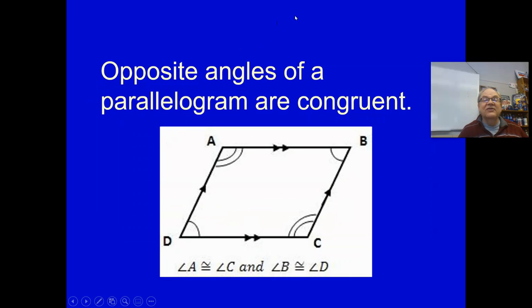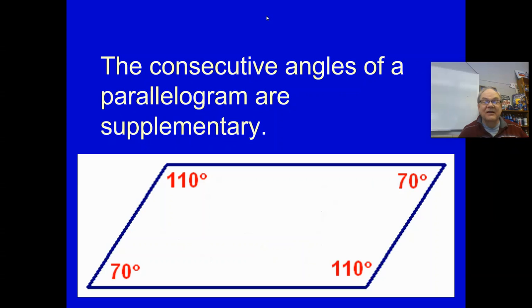It's also true that the opposite angles of a parallelogram are congruent. The opposite sides are the same, and the opposite angles have to be the same. So, here's a picture, you notice that we have 110 across from 110, 70 across from 70.